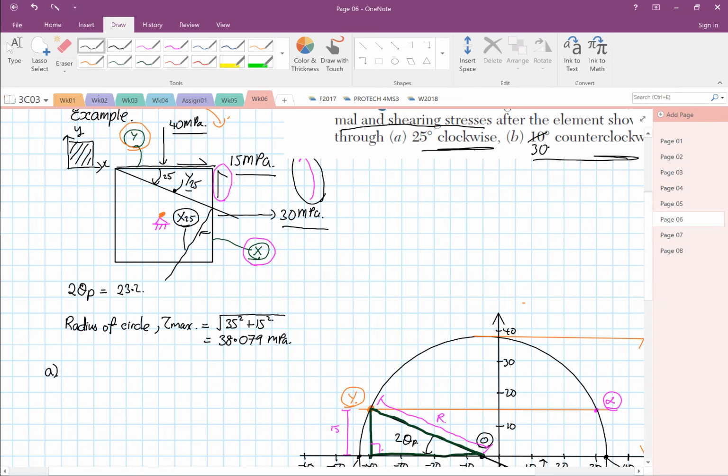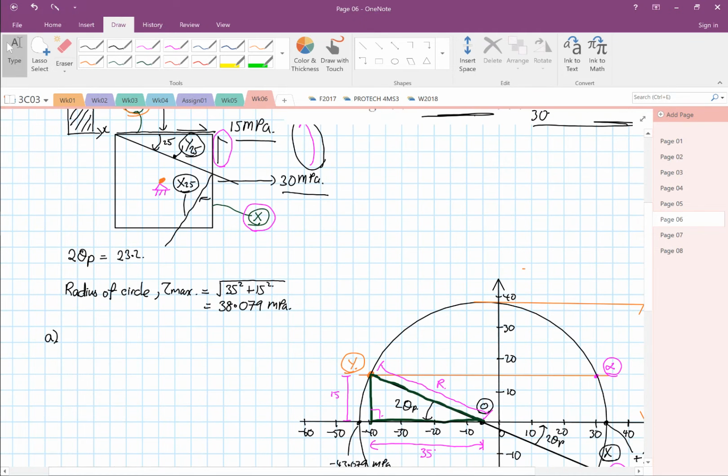So we're going to call the surfaces Y25 and X25. What we have from the previous example is our principal angle, 23.2, and the radius of the circle is 37.079.